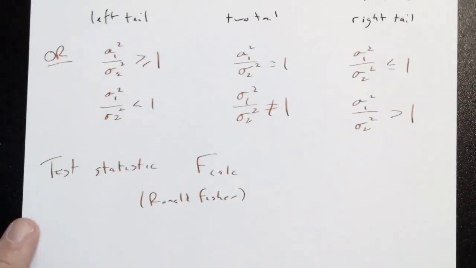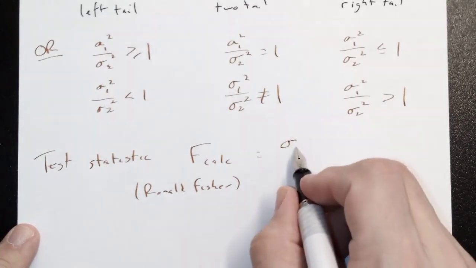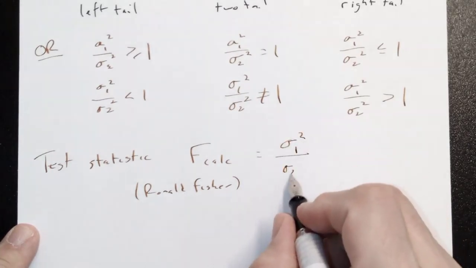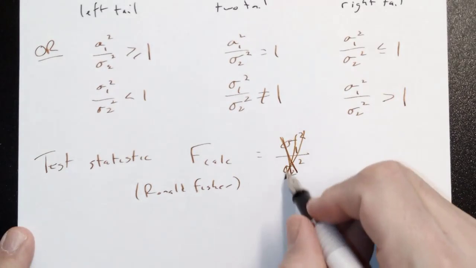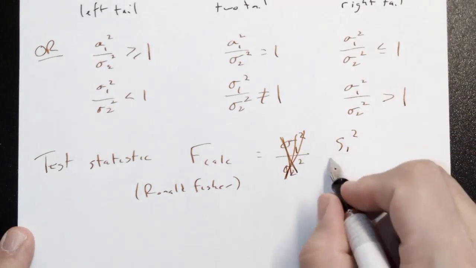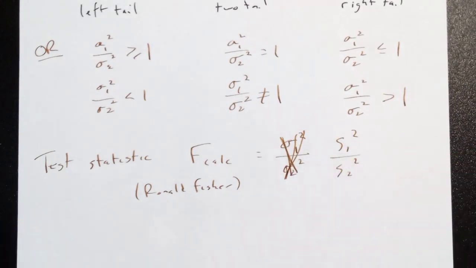And all we do is we take the ratio of the actual calculated standard deviations. I need to use the samples, not the population ones. My apologies.